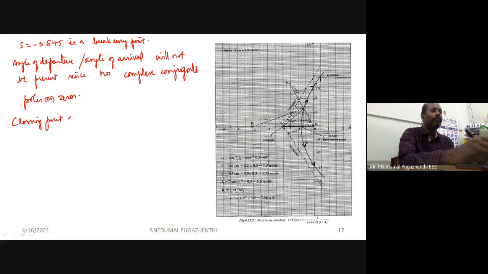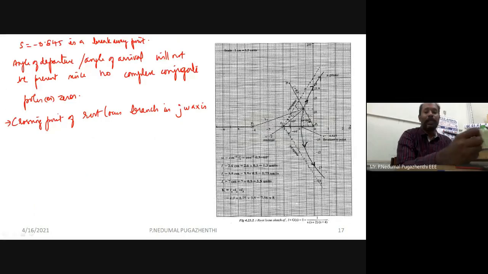of the root locus branch in the j omega axis. So this is another very important point where the root locus branch crosses your j omega axis, right? So what will you do? Take your same characteristic equation. What is this characteristic equation? 1 plus g of s h of s is equal to 0.